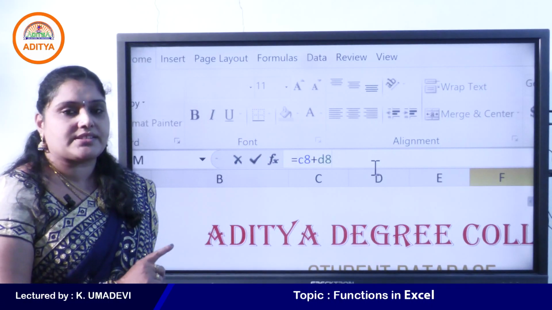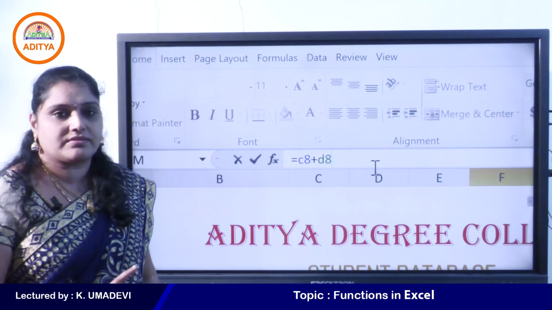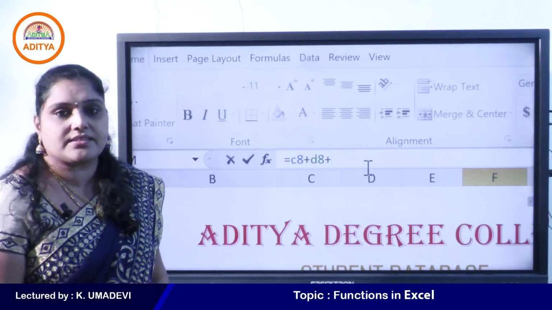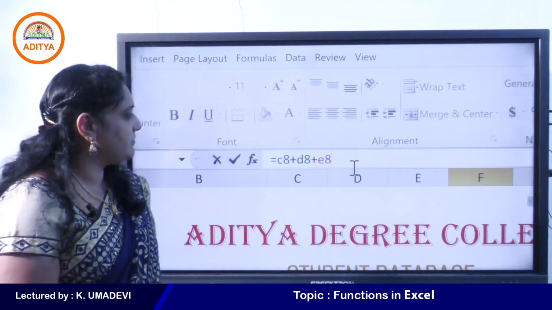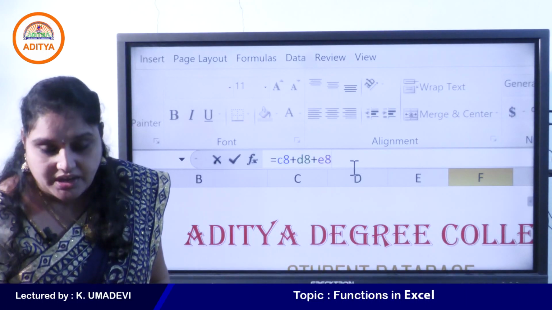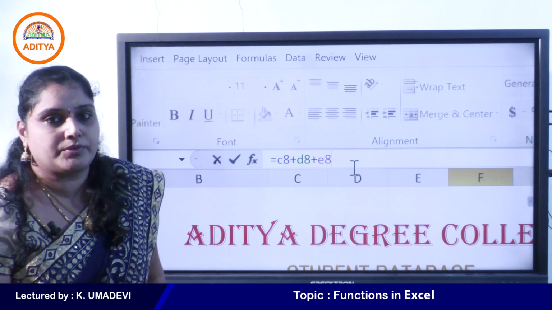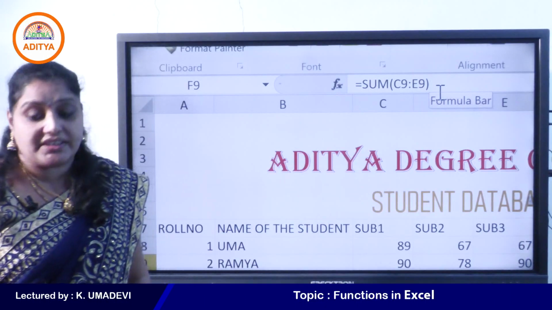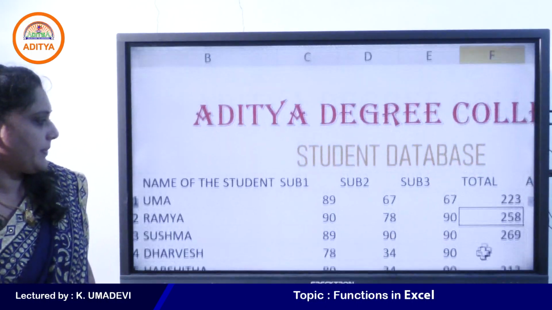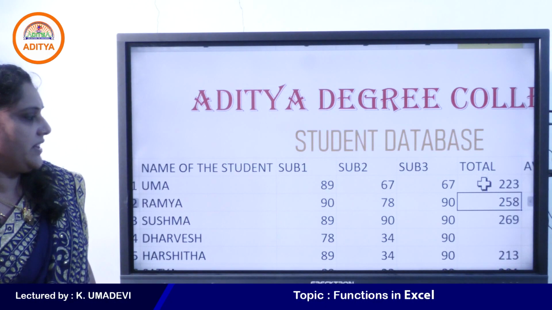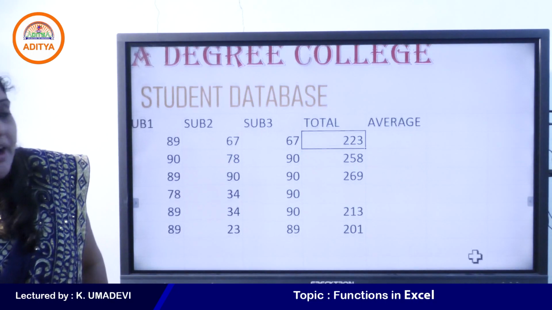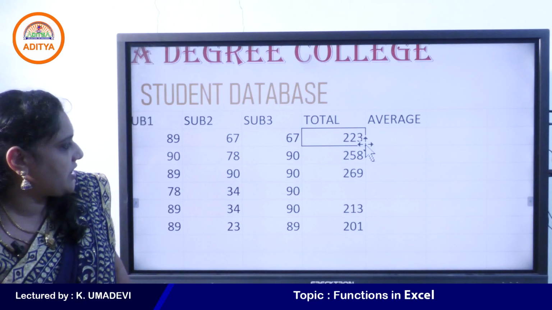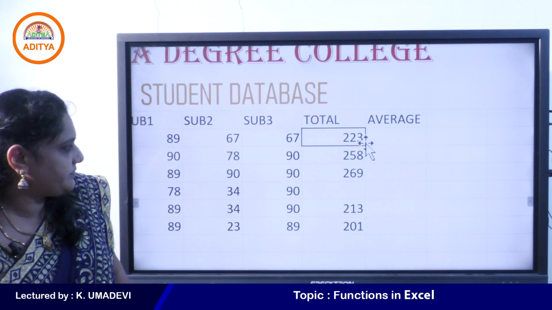D8, that is the subject 2 cell address, plus E8, and then press the enter key to display the result in the particular cell, students. See, it is 223. So if you want to apply the same formula to the remaining cells, again use the fill handle.